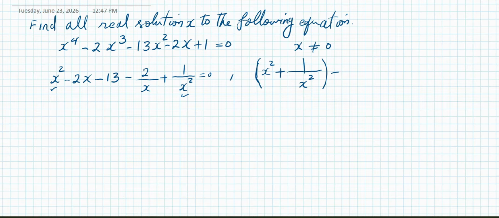And likewise, we have minus 2 times x plus 1 over x, minus 13 equal to 0.